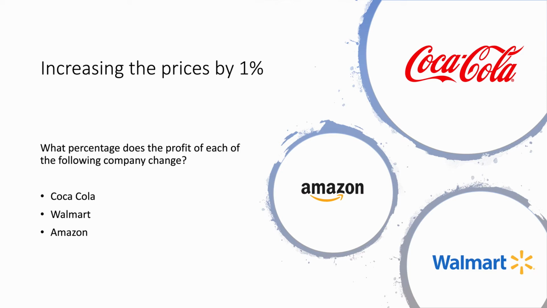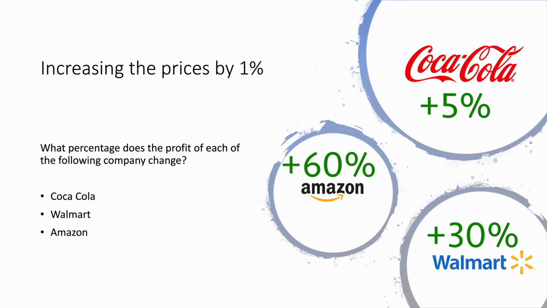Welcome back. Here are the answers. With Coca-Cola, a 1% across-the-board price increase leads to approximately 5% profit increase. For Walmart, a 1% price increase leads to about 30% profit increase. And for Amazon, a 1% price increase leads to about 60% profit increase.